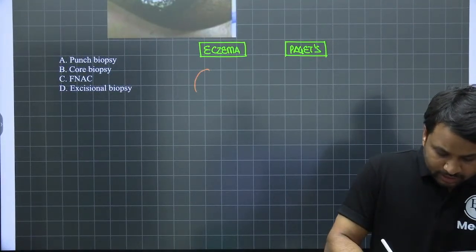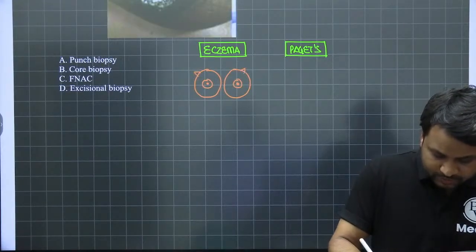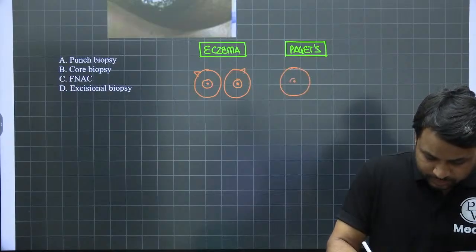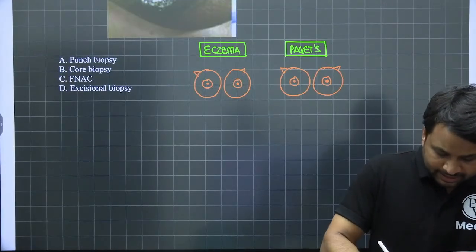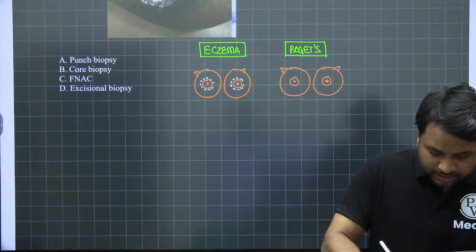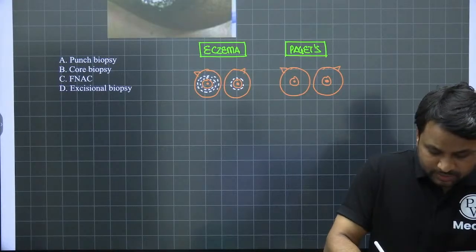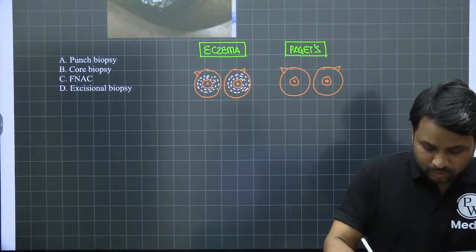In order to understand, let's compare both breasts. This is the nipple areolar complex, and this is the axillary tail of Spence. Eczema is usually bilateral and usually spreads away from the nipple areolar complex.